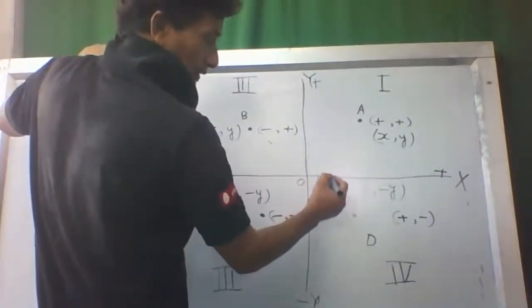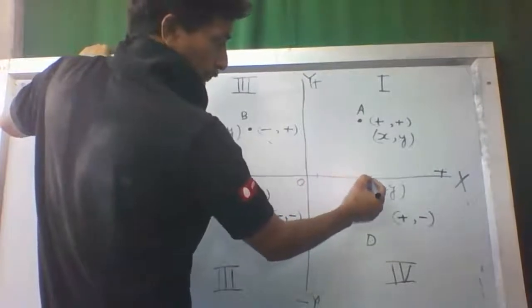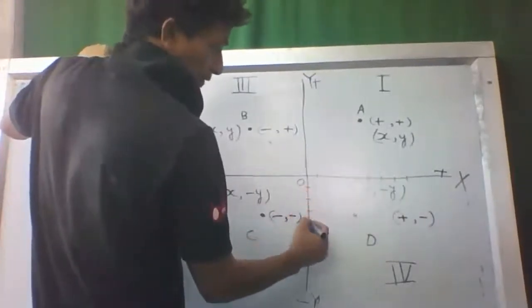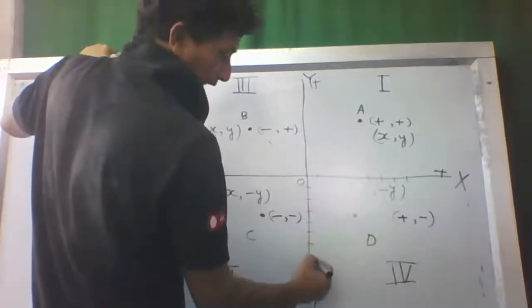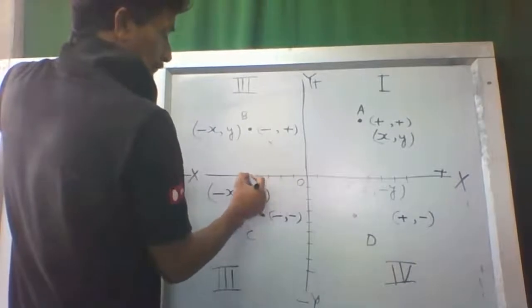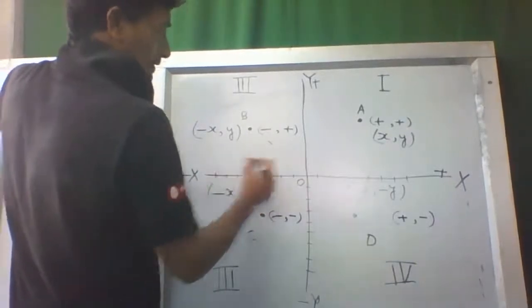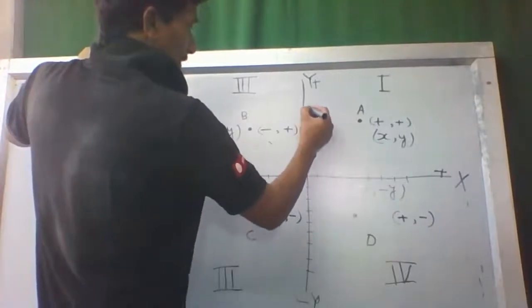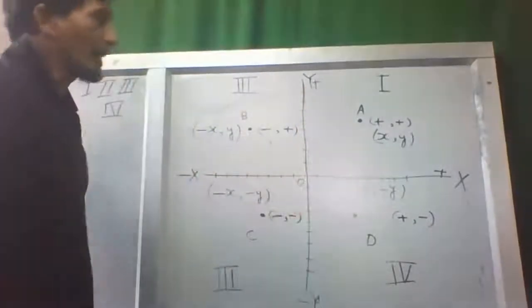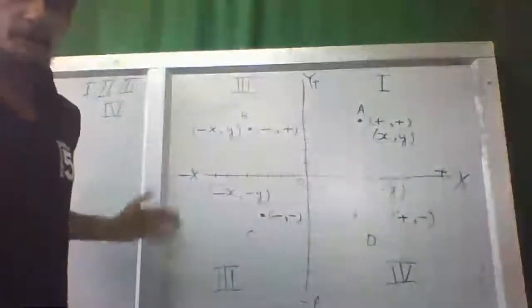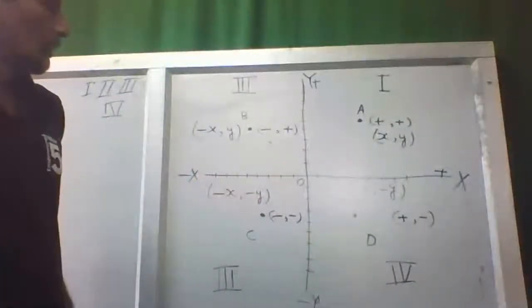At equal distances: 1, 2, 3, 4, 5, 6, 7, 8 in each direction. Now I have divided according to the scale, a normal straight line scale.